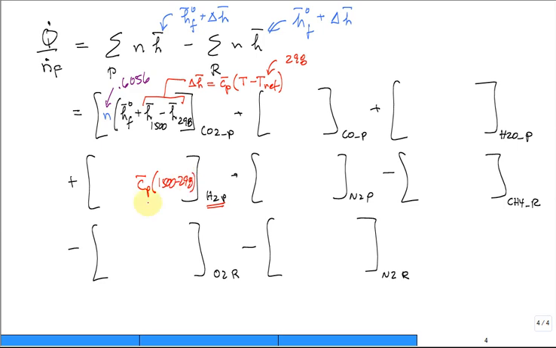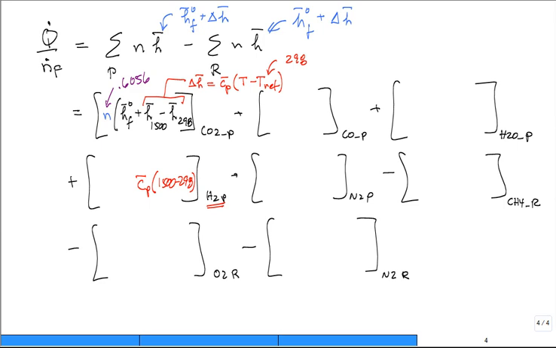Where would you get the molar specific heat for hydrogen? There's a polynomial expression for it. I also think there's a table for temperature-dependent specific heats, and I think hydrogen is in there as well, but it's on a mass basis. You're going to have to use the molar mass to go from the mass basis to the mole basis.